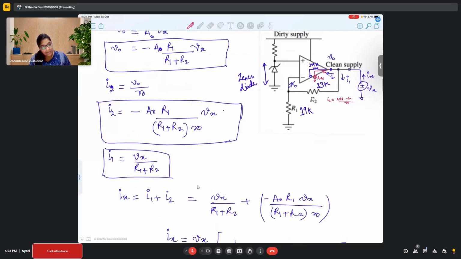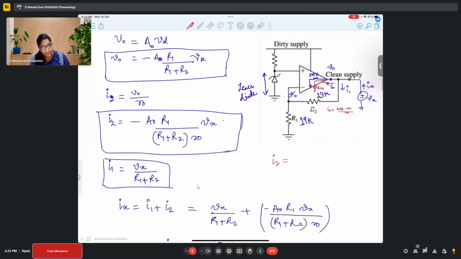If this becomes I2, then the value of I2 will change. AVD will remain as it is. So R naught upon R1 plus R2, Vx minus Vx, whole by R naught.